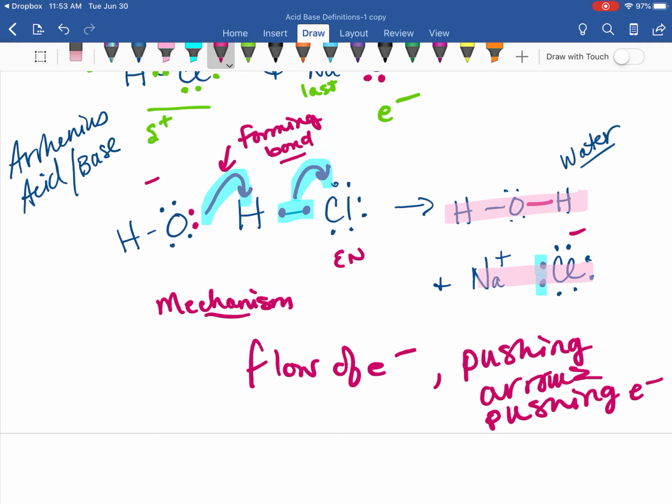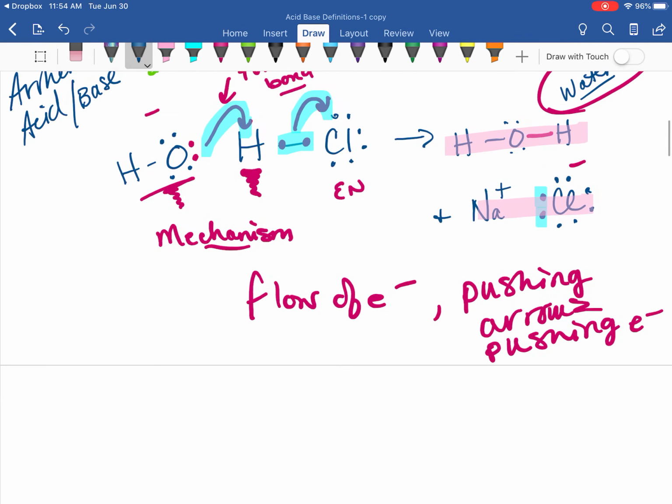So how did they actually define an acid and a base? Well, if you'll notice, our acids had that hydrogen and our base had that OH. These are the two halves of water. So in any of these types of reactions, you made water. So the original definition of an acid is the formation of H+.